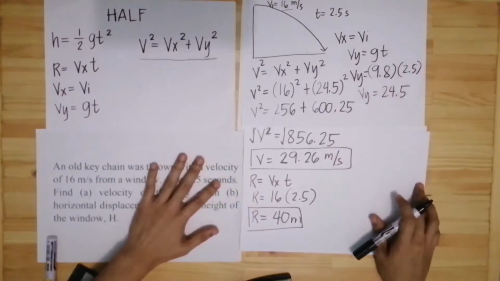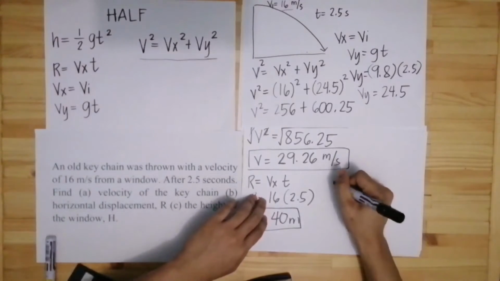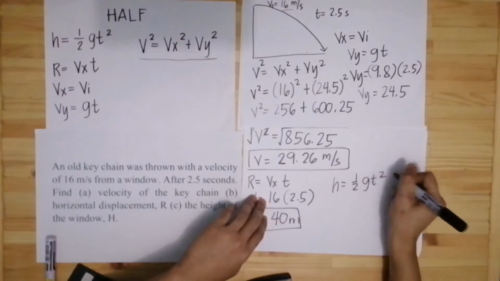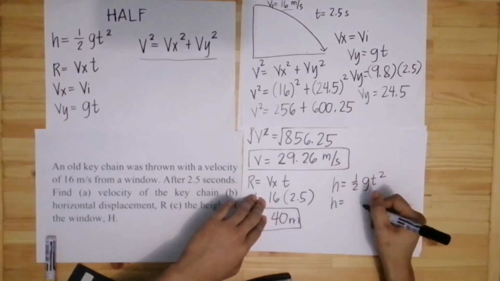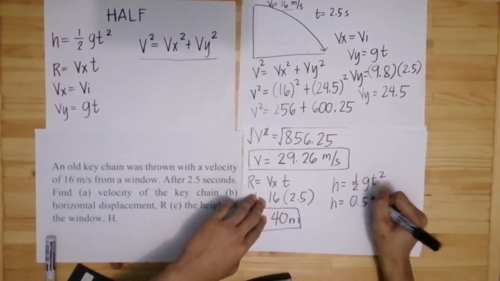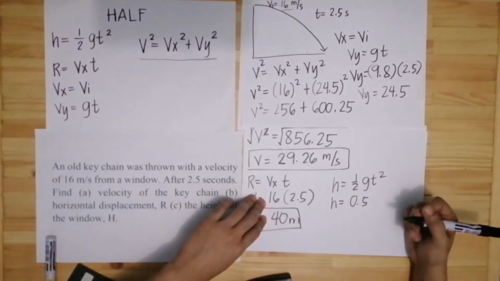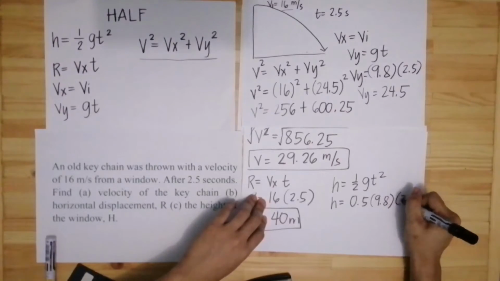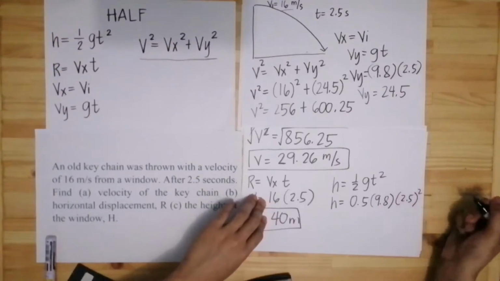So, ito, gaano kataas to? So, let's use the formula height. That's equal to 1/2 gt squared. So, meron tayong height. Yung 1/2, pwede natin sulat 0.5 para malagay sa calculator na mabilis. Yung g ay 9.8. Then, the time is 2.5 squared.